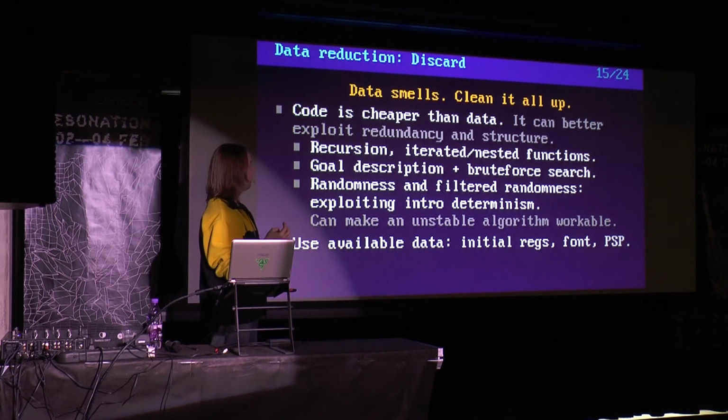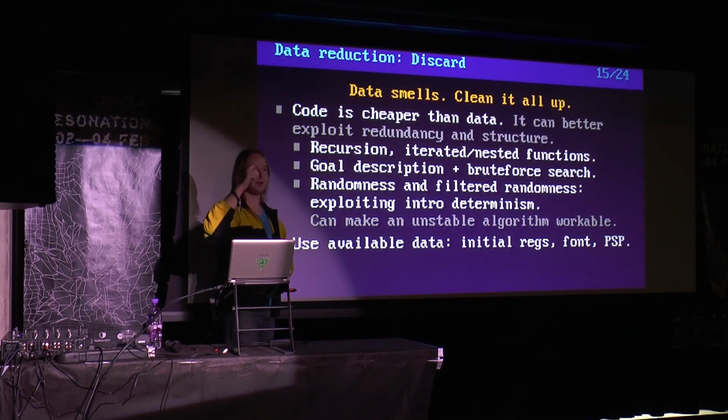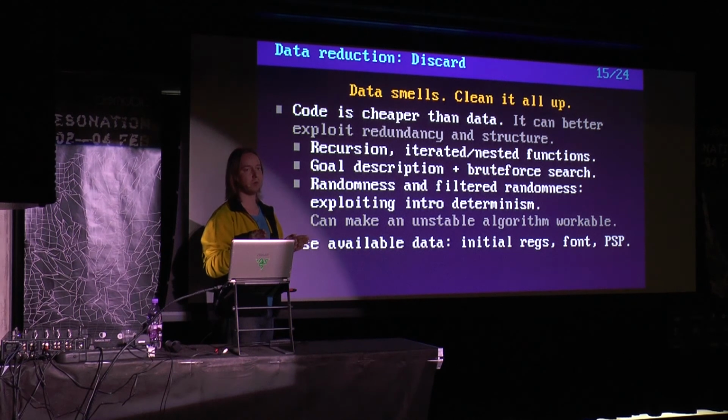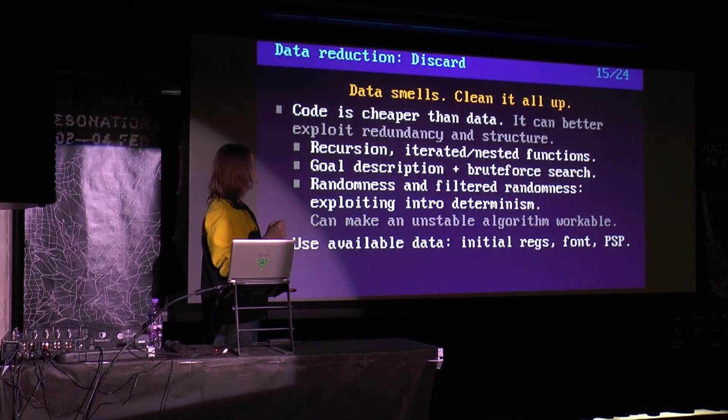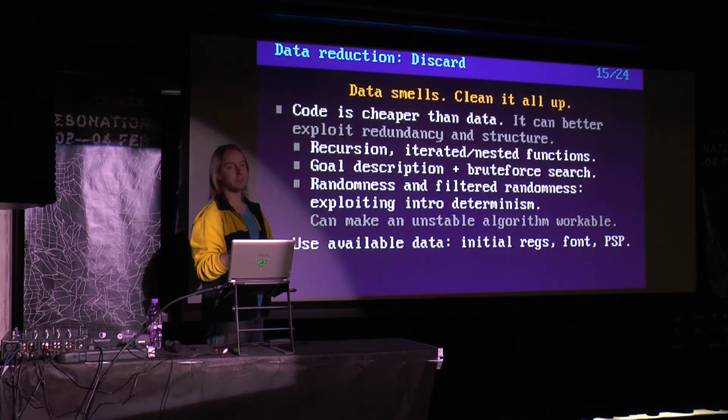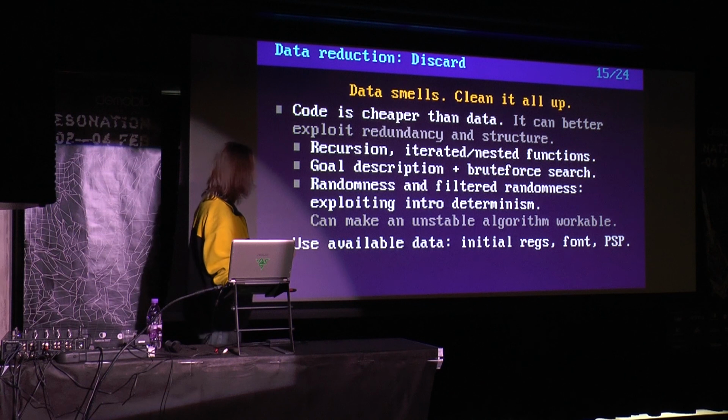You can of course use a goal description and search some range of values for something that fits the goal most. So you can even do optimizations without storing it first. And of course, you can use random numbers for things that benefit from that and filter them to make, for example, a noise texture or something like that.